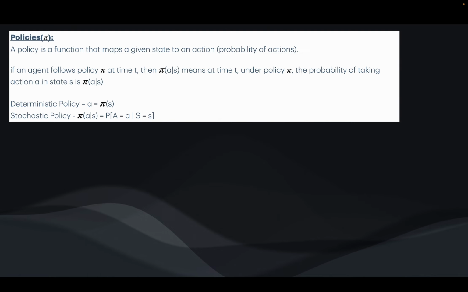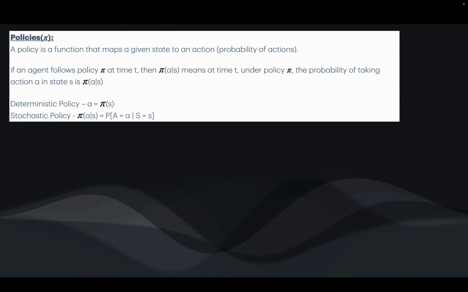If an agent follows a policy pi at time t, then pi of a given s means that at time t, under the policy pi which the agent is following, the probability of taking action a in state s is pi(a|s).